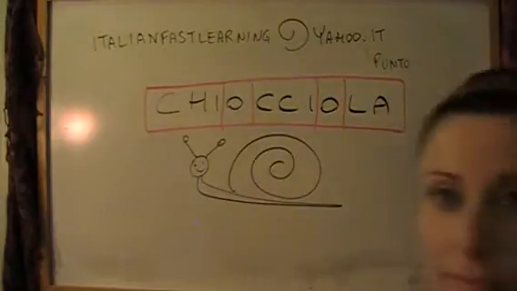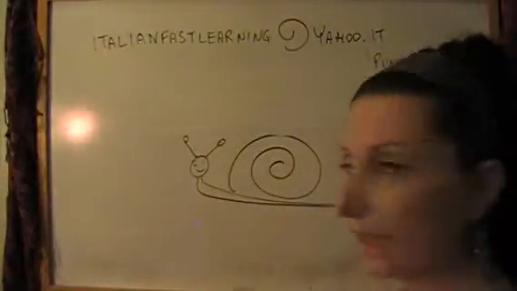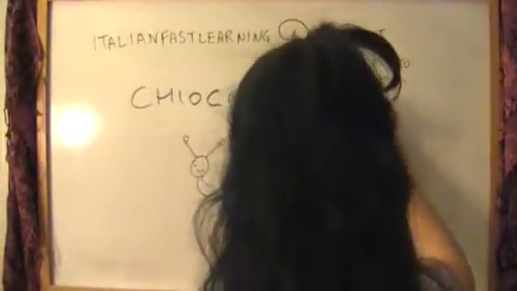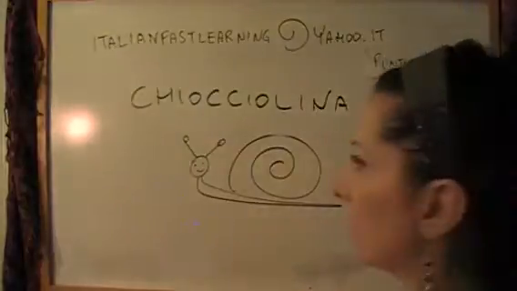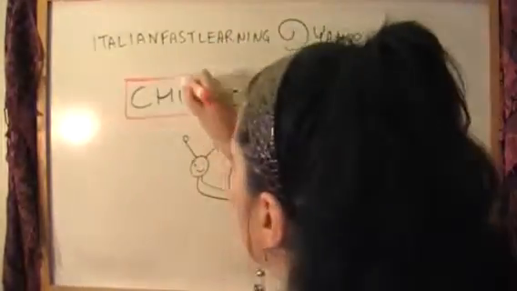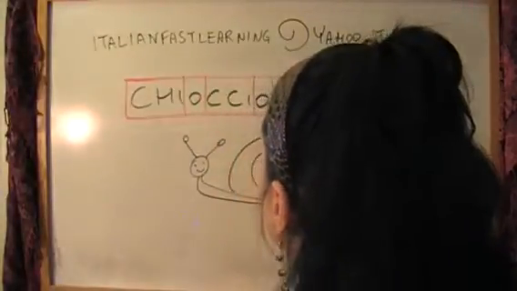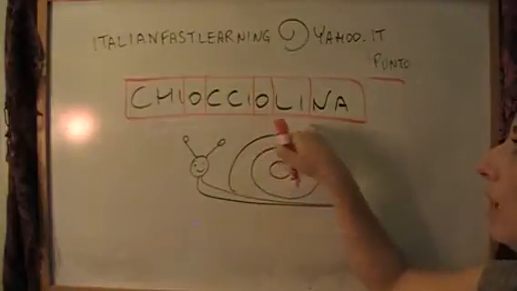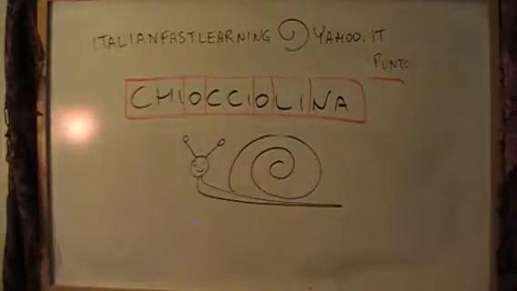Sometimes instead of calling it chiocciola they call it chiocciolina, because it's small. It's the same, it means a small snail. Chiocciolina, chiocciolina.